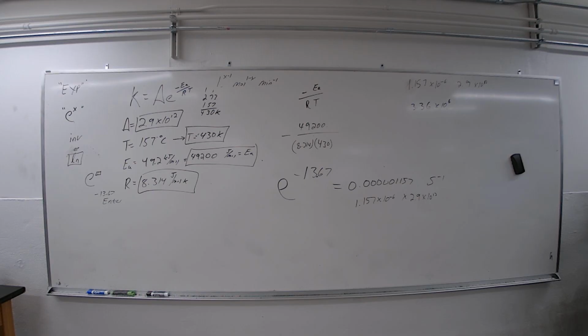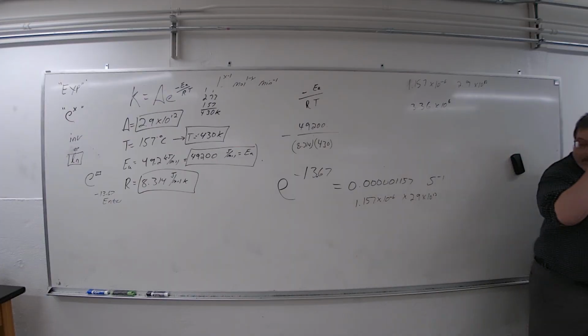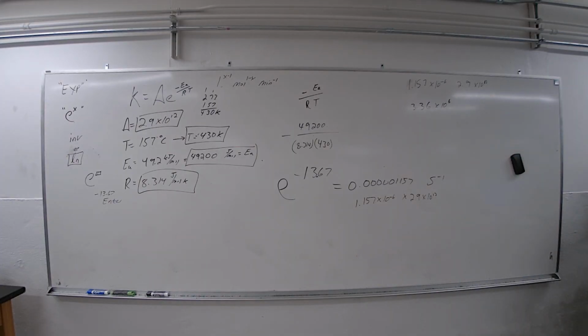I've got 2.9 times 10 to the 6. Is that a 2.9? I might have just done 1.1 there, which would have given me 2.9.